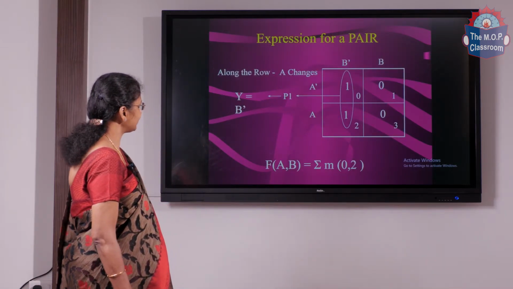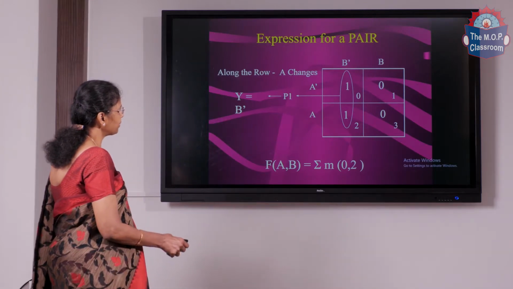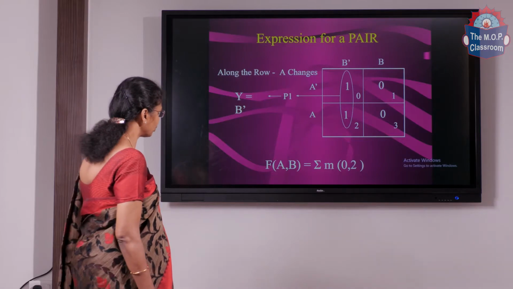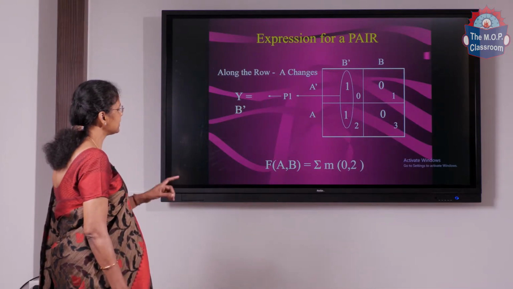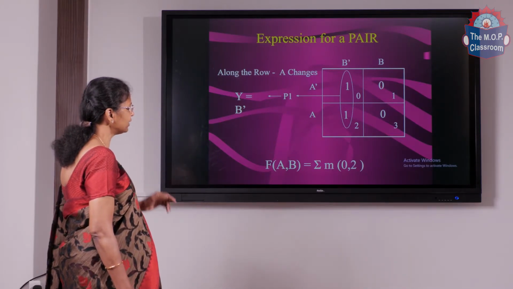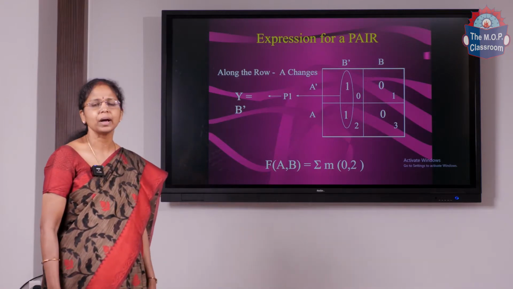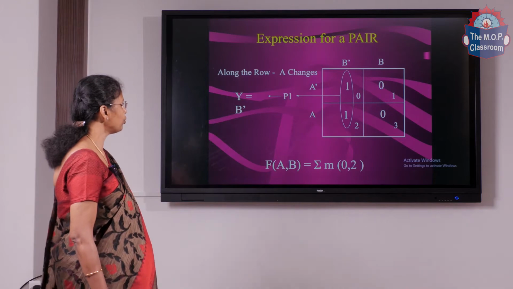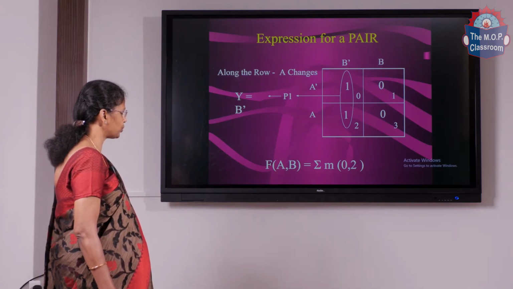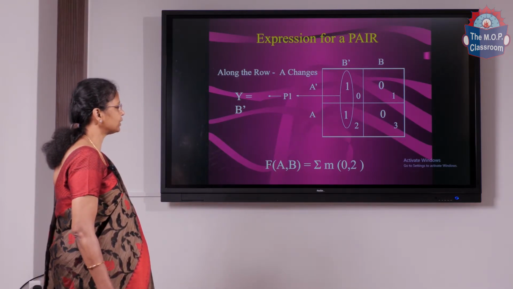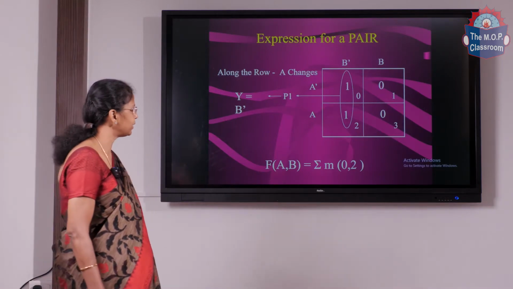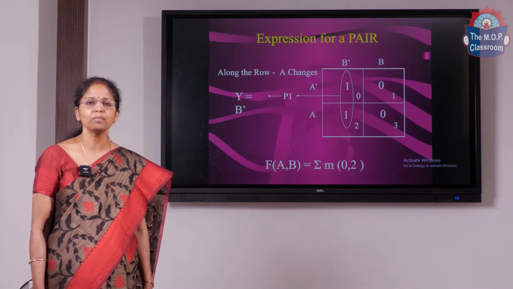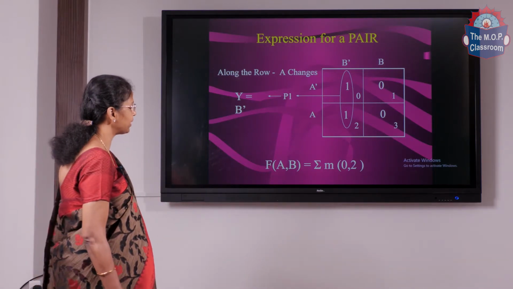Now, in the next example, we have already formed a pair with these two ones which are in successive rows. They are in the same column. Here the column variable is B prime, and when we move from row 1 to row 2, that is from one cell to another, the row variable A changes from complemented to uncomplemented form.